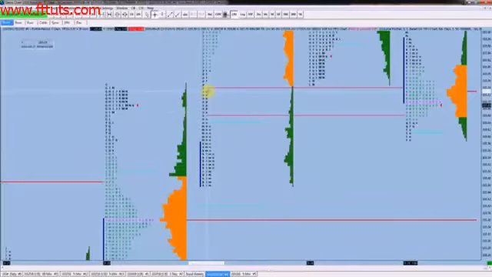The buyers said, okay, maybe we didn't get where we wanted to buy down here, we never got to be aggressive at that price point, so we're now going to have to be aggressive at the higher time frame, and the market accelerates. Where you have gaps in value area, as we have done here, you should always be looking for the market to come back and trade that value area.